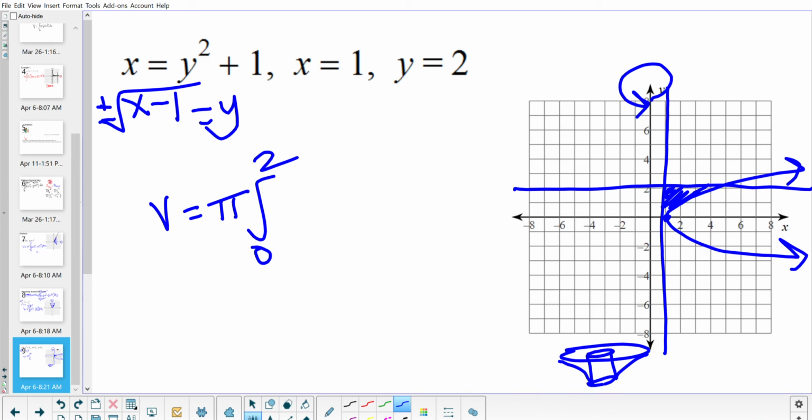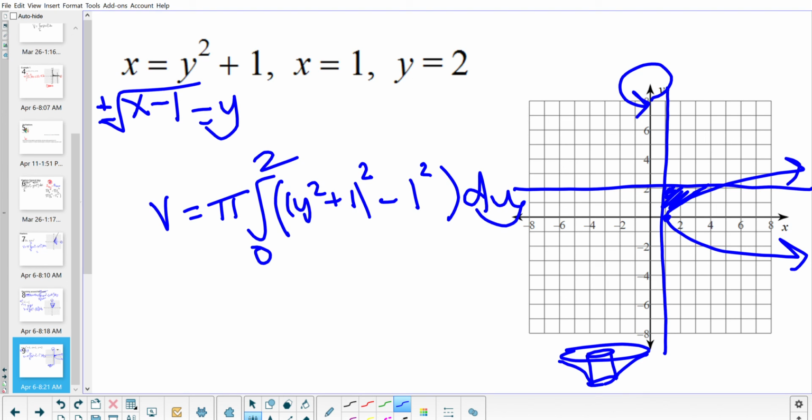But again, we're doing this in terms of y, so I need parentheses, y squared plus 1, squared, because it's big radius squared, minus little radius, which is on the left, which is x equals 1, so minus 1 squared, dy. And then at that point, you can plug into your calculator.